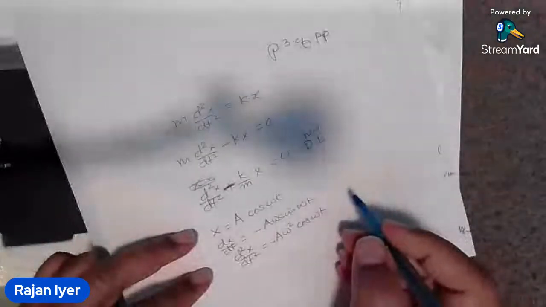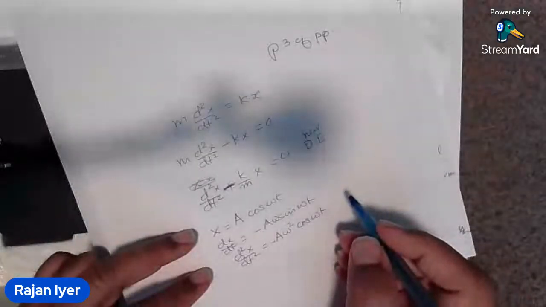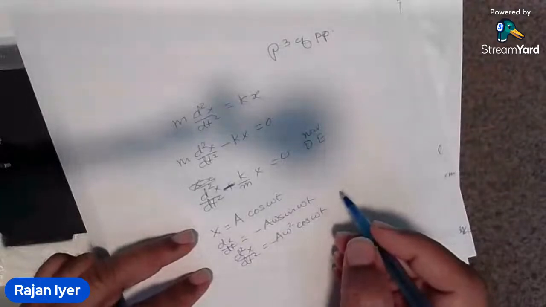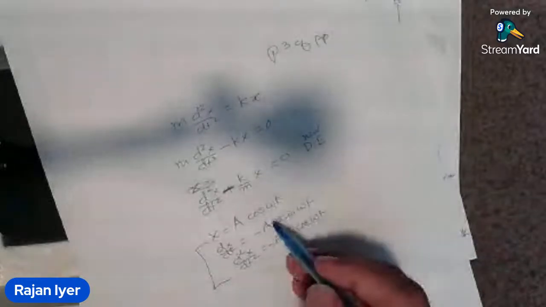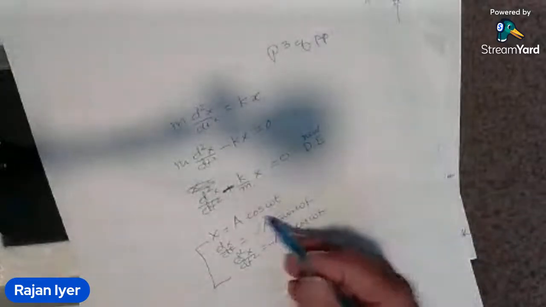So I have to get a different. It won't be a simple harmonic. It won't be a cos and sine, I think, because this and these two have to cancel. If it's a positive, it will not cancel.